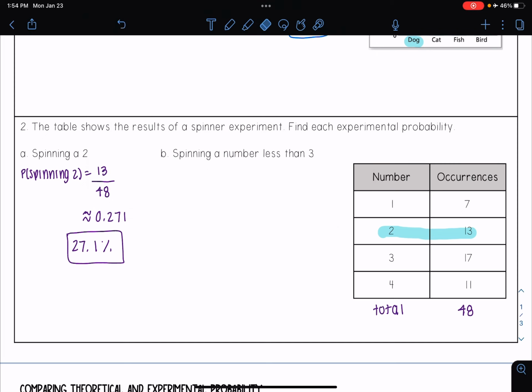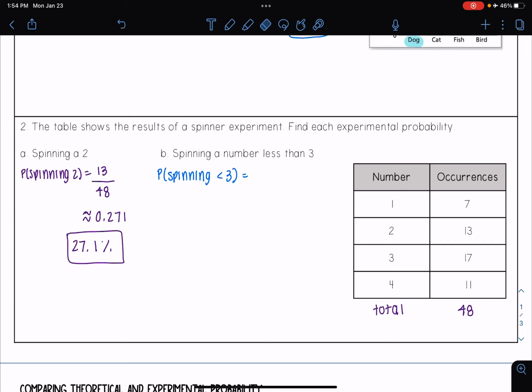Now this next one, it says I want to see the probability of spinning a number less than 3. So now I need to see what the number of successes are. So what is the number of trials where you spun less than 3?